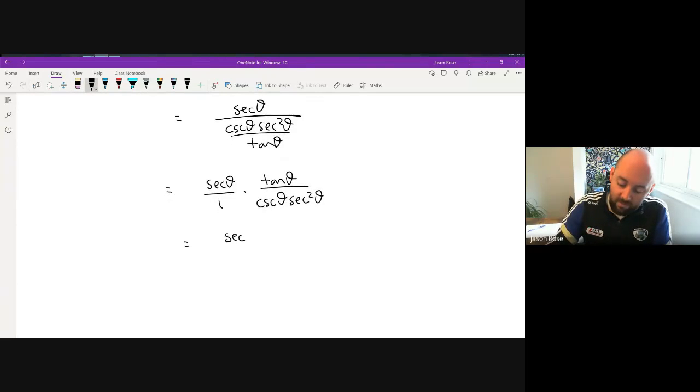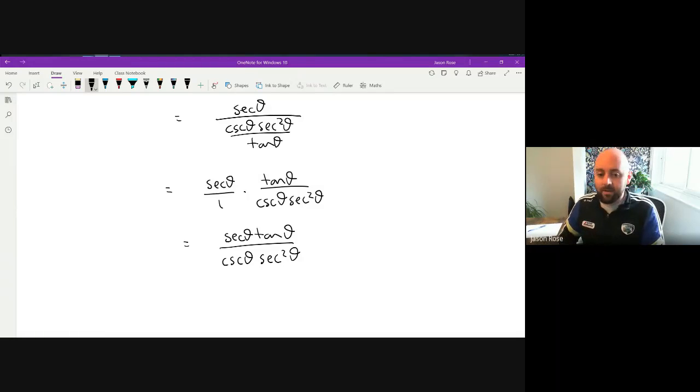So then we're going to have secant theta multiplied by tan theta divided by cosecant theta multiplied by secant squared theta. Secant will cancel with the secant squared to leave me with just one secant in the denominator.